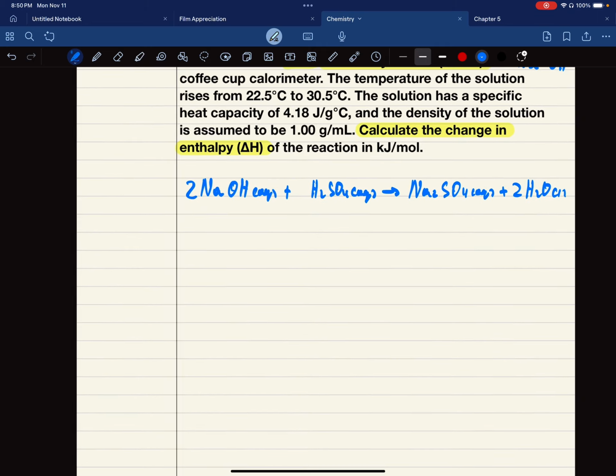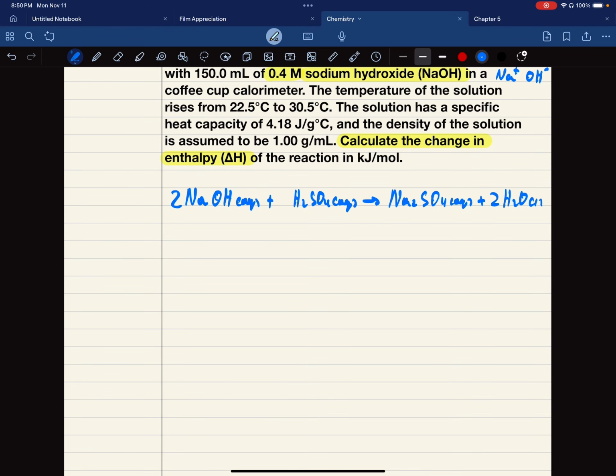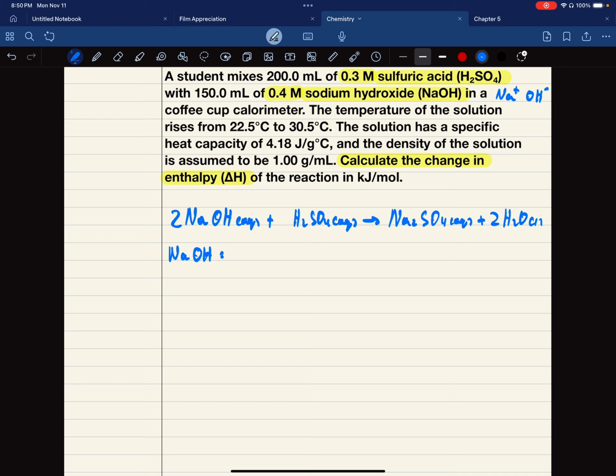Next, we're going to find out the moles. To find the moles of NaOH and H2SO4, we'll just multiply their molarity with their volume. For NaOH, it is going to be 0.4 molarity multiplied by 0.150 liters.